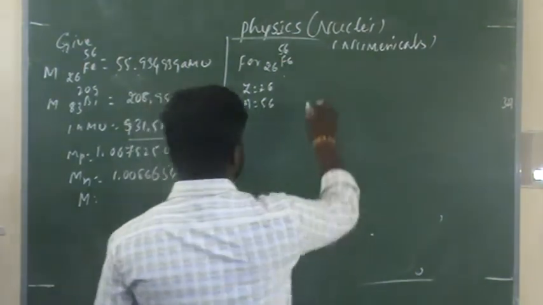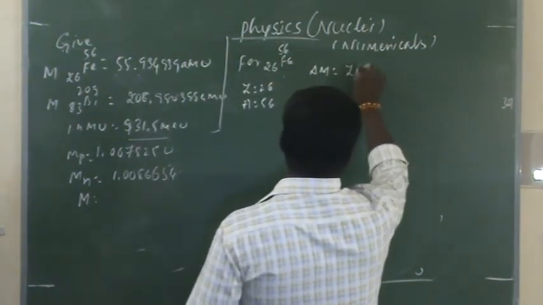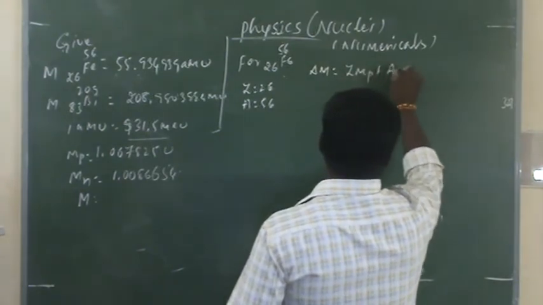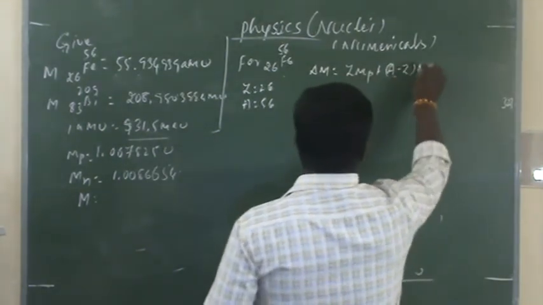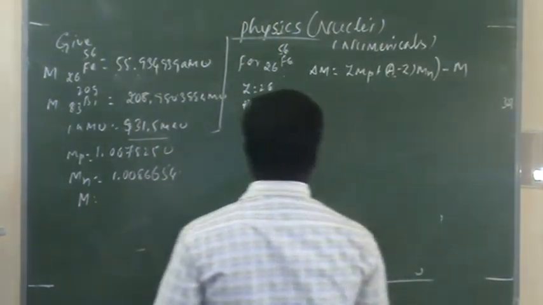So the mass defect delta M is equal to Z Mp plus (A minus Z) Mn minus the rest mass of the nucleus.